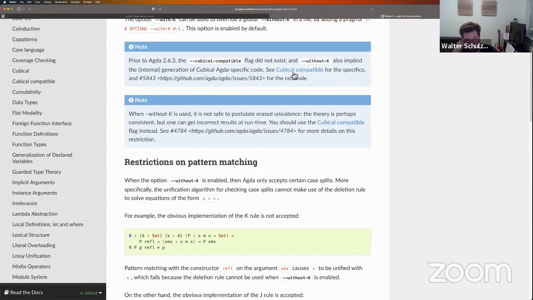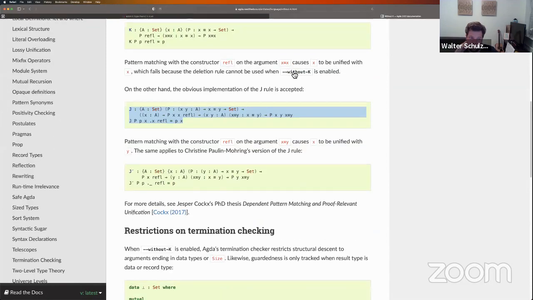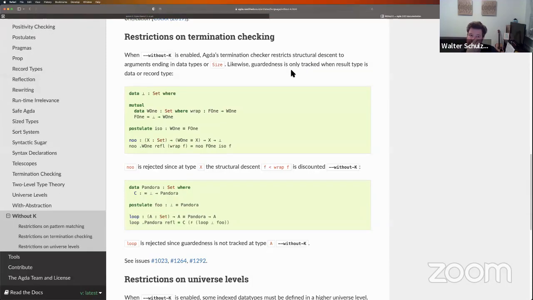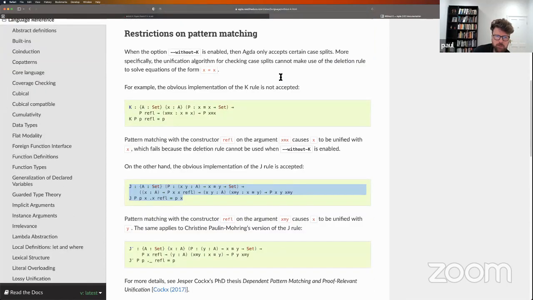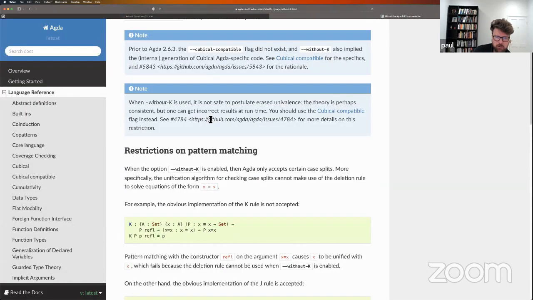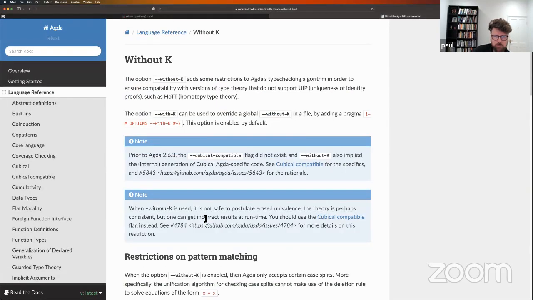The contradiction tactic still works well, but if you just want to write code and not use tactics, then K seems to be better. Termination checking, universe levels. Okay, so it must be to do with pattern matching then. With K, then we just have more.